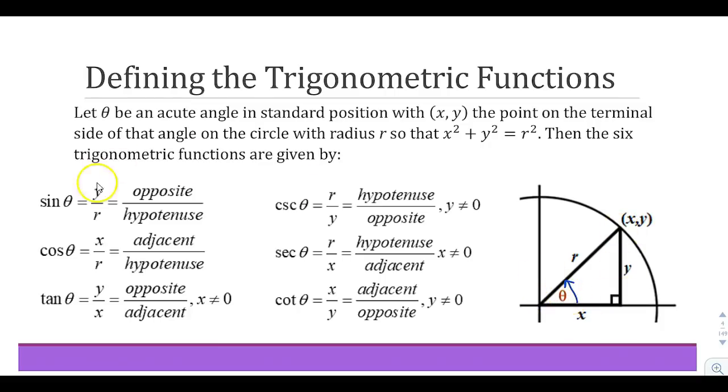So now we can make the connection that sine theta, which we previously defined as y over r, is the same as opposite over hypotenuse if we consider this right triangle. And cosine theta was x over r, we get adjacent over hypotenuse. And tangent theta, y over x, is opposite over adjacent. So we're really just making a connection to the previous concept. And the reciprocal functions for cosecant, secant, and cotangent also apply.